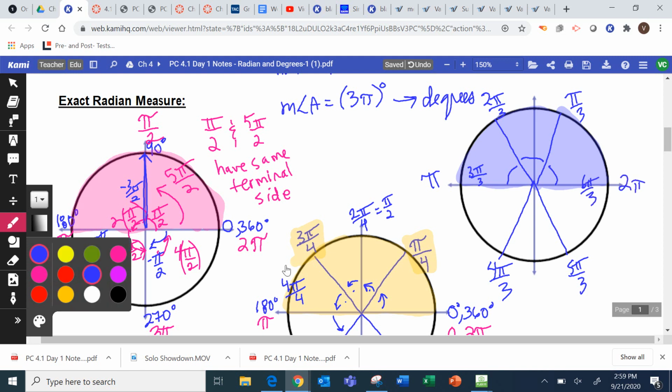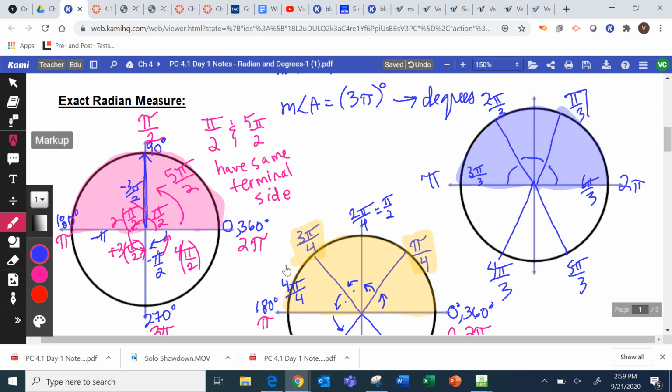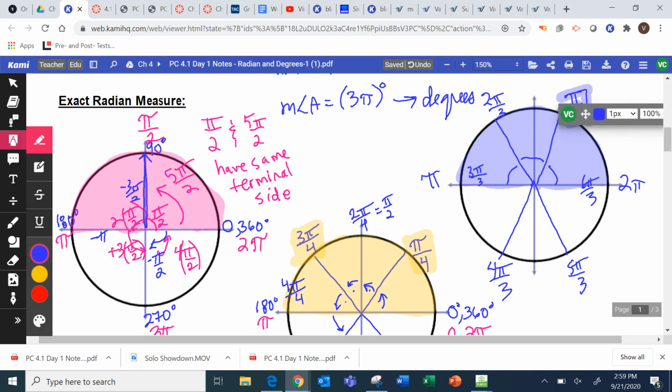So for this one over here, we have 4 angles that stay over 3, 1 for each quadrant.